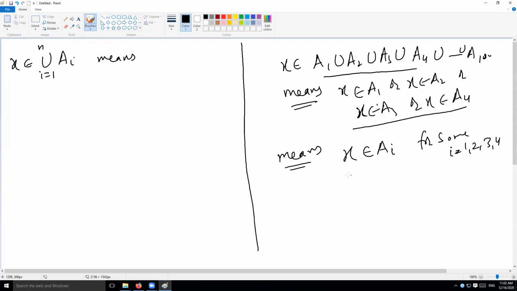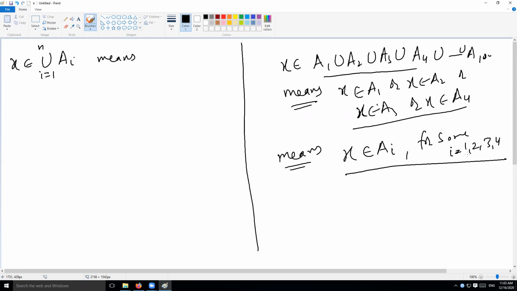ठीक है, ये बात समझ आ रही है? इसका क्या मतलब है? What is the meaning of that? x belongs to A_i for some i equal to 1, 2, 3, 4. इसका मतलब ये है कि भाई x, यानी i equal to 1 में हो, यानी A1 में हो, maybe x A2 में हो, maybe x A3 में हो.